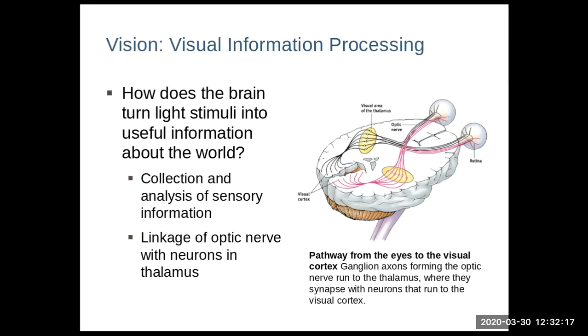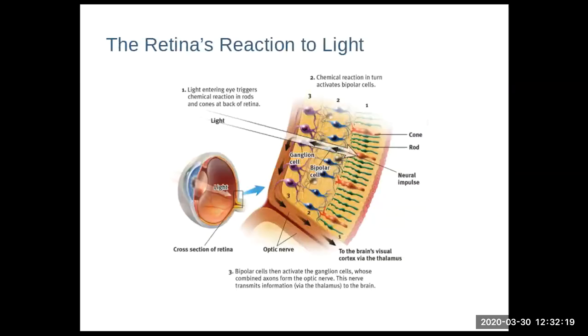If I were to go back really quick, from the rods and cones, light hits them in the back of the retina. That information, through chemicals now, goes to the bipolar cells, and that information is given to the ganglion cells in layer 3. The ganglion cell axons form the optic nerve that leaves out the blind spot of the eye.